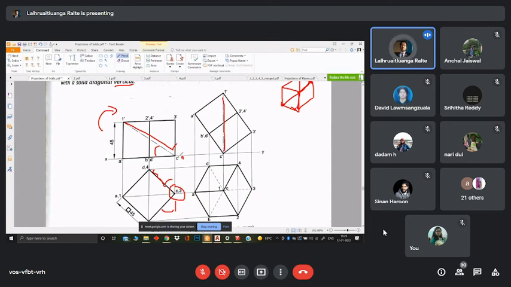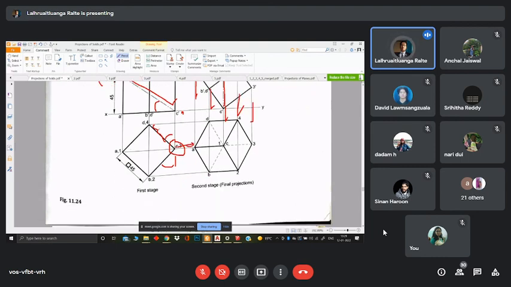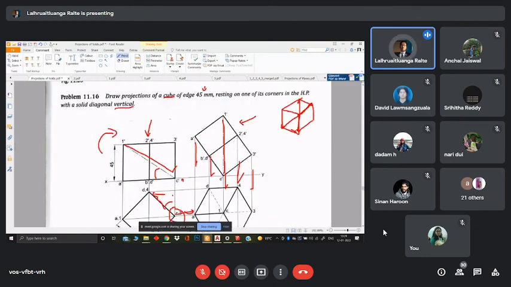The dimension attained from this front view is the same, and it is applied on this front view as well. And after that, we project down the points from this side and the points from this side to show the actual top view. So we must always know the different terminologies that can come up. All right.